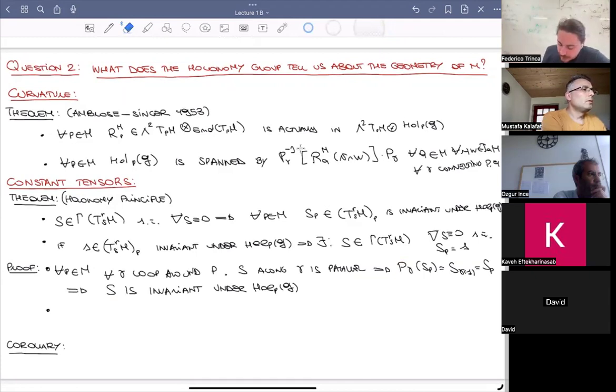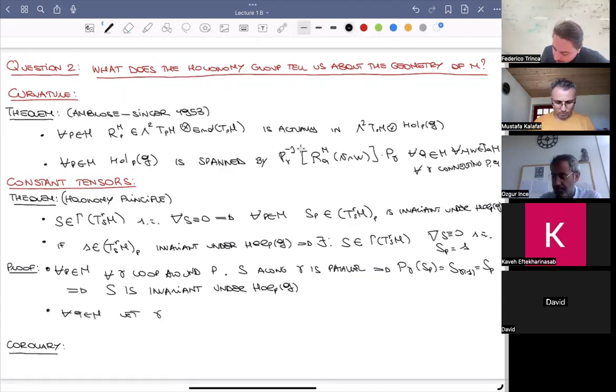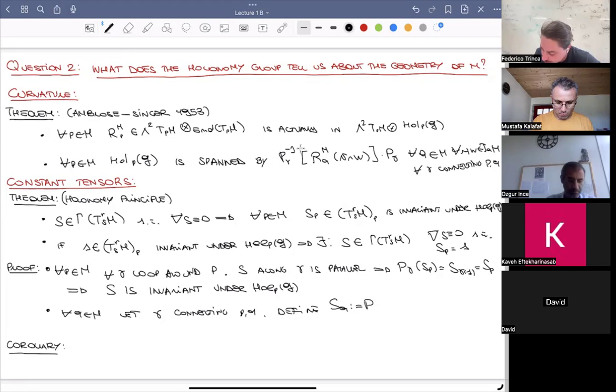So for every Q in M, I pick γ, a path connecting P and Q, and I define S at Q by the parallel transport along γ of my tensor S. What I need to show now is that this is well defined, but this is obvious because of the invariance under the holonomy representation.